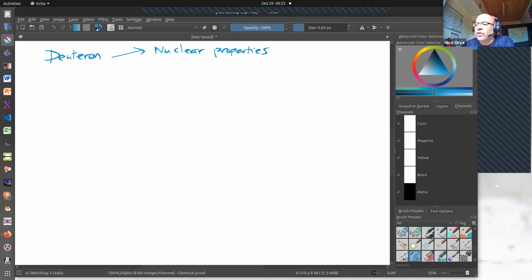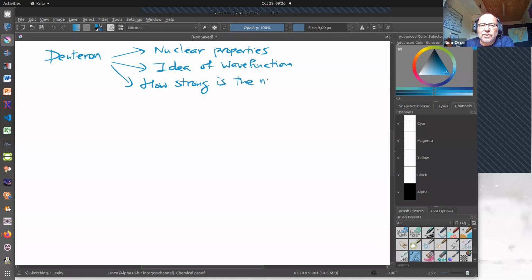We are going to have more on the idea of wave function. And then we are going to also investigate how strong is the nuclear force, or the strong force.